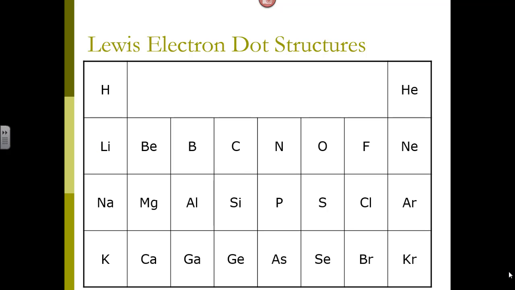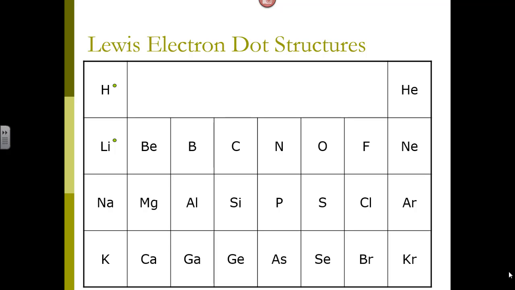So let's start with just the basic elements. Notice we've skipped the transition metals in this picture, and we also only went 4 rows down. Let's start with the first column on the left. How many valence electrons does hydrogen have? Hopefully you just said 1. Hydrogen only has 1 electron, so we draw a dot to represent an electron.